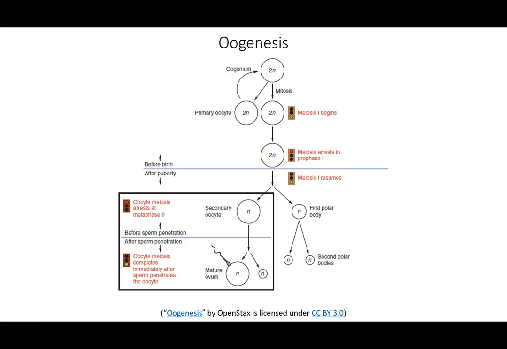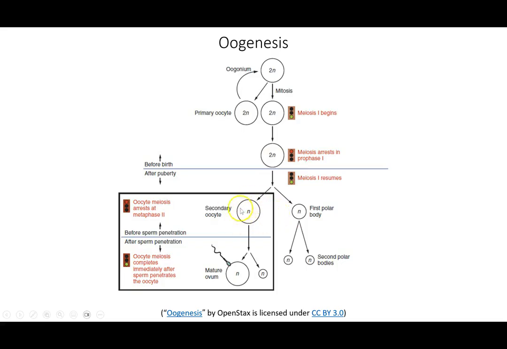So those hormone levels increase, and then meiosis 1 will continue and pick up there and divide into our secondary oocyte and first polar body. And now we just have 1N, so 23 chromosomes, because that's the process of meiosis, is splitting that number of chromosomes in half so that those daughters are going to have half the number of chromosomes.